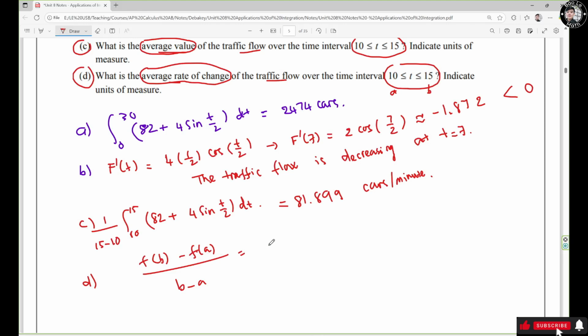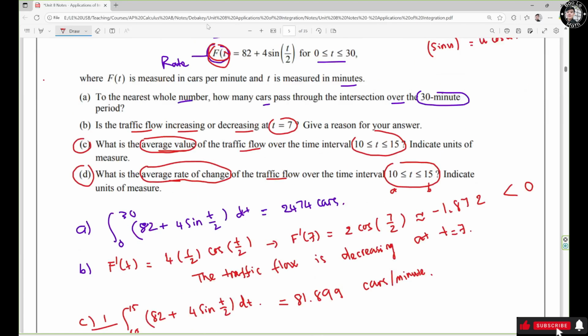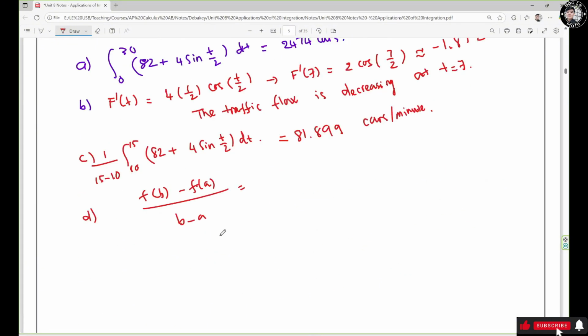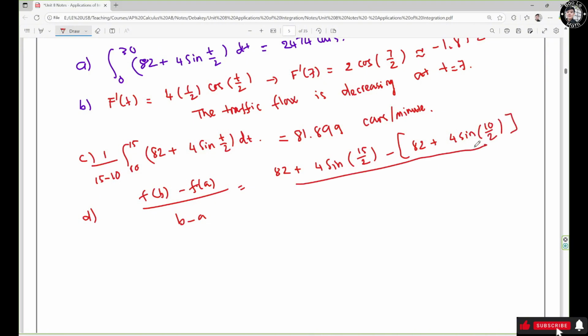Now f of b is going to be this one right here. So we have 82 plus 4 sine of 15 over 2, minus 82 plus 4 sine of 10 over 2, over 15 minus 10. So 82 minus 82 is going to be 0.